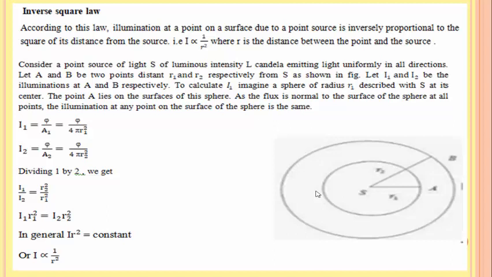Cross multiply: you get I1 R1 square equals I2 R2 square. In general, we can write I R square equals constant, or I is proportional to 1 by R square. So this is the inverse square law.